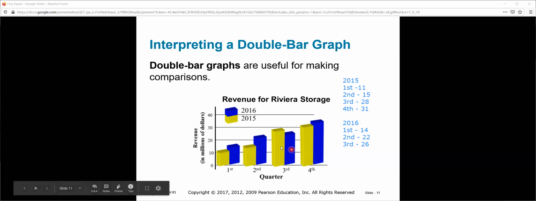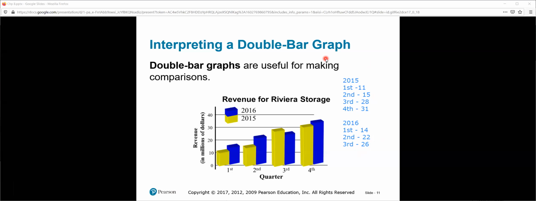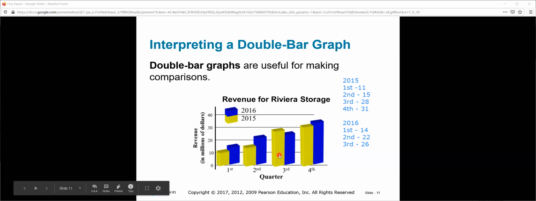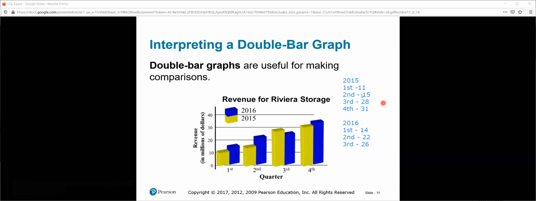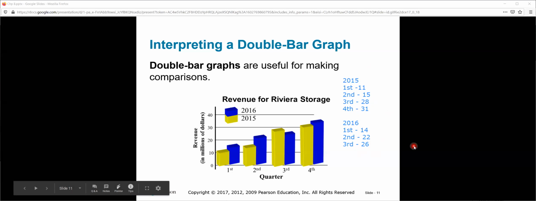If you want to find the first quarter wherein 2015 outperformed 2016, that's easy here. That's completely obvious. On this chart, you have to literally go to each one back and forth and drag your eyes around until you find the difference. That's extra time that's wasted, especially when you present this information to people who don't care about the actual numbers. They just want the answer.